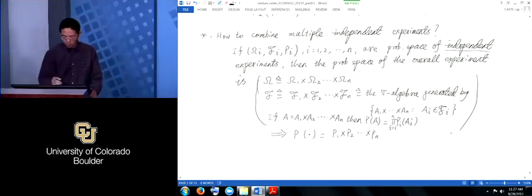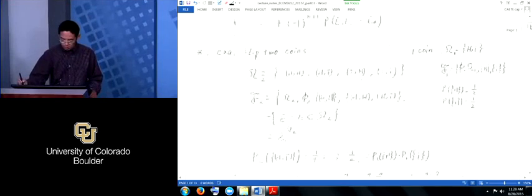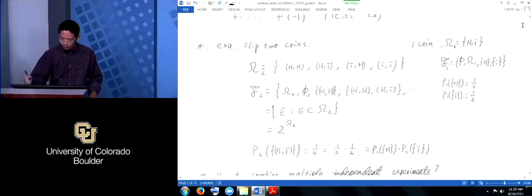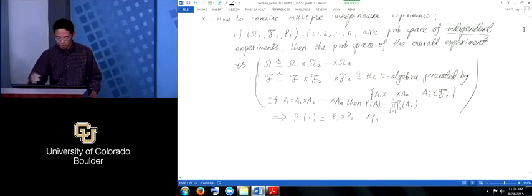So I'm giving you how to combine them together, and all of this needs to be further defined. Let's start with the first one. If you look at this example here, this is essentially omega 1 Cartesian product omega 2.